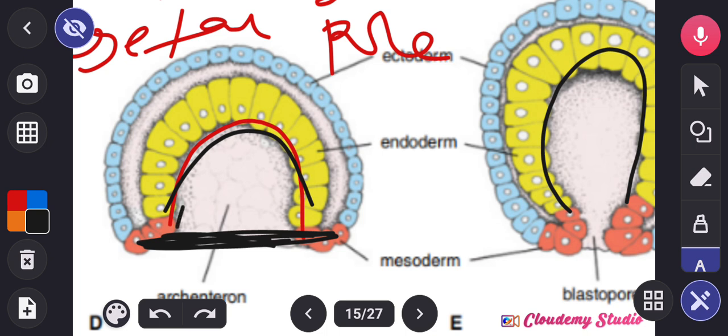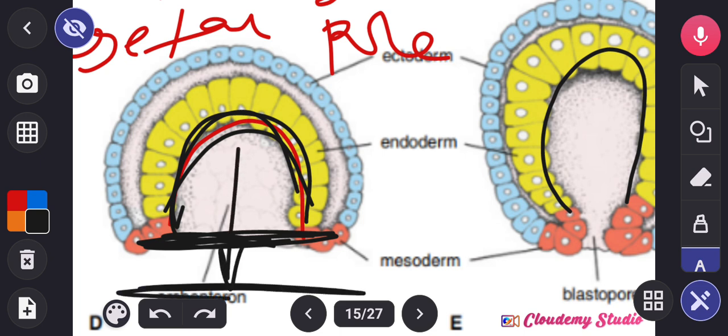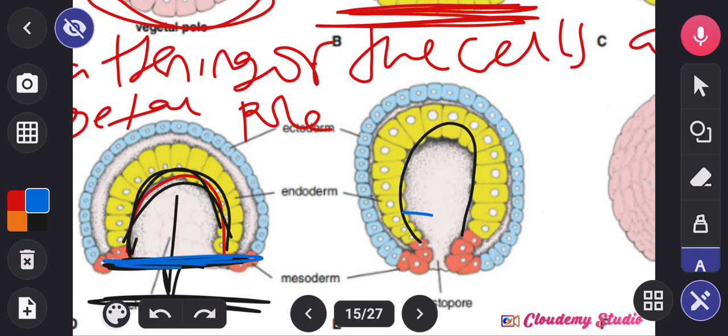Now it is forming a cup-shaped structure. This cup-shaped structure is now open to the exterior, from a cavity that was previously the vegetal pole. It is now a cavity after the cup-shaped structure has been formed.